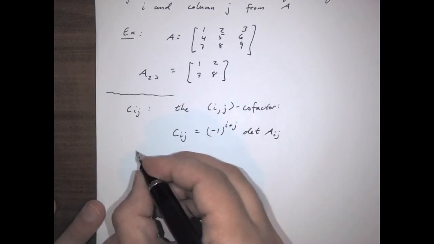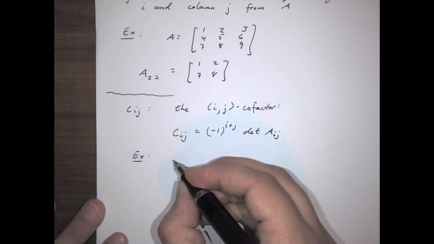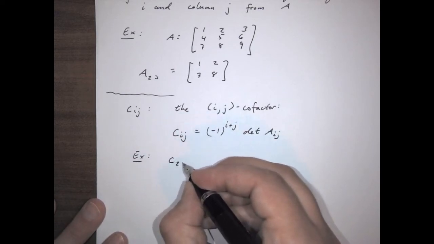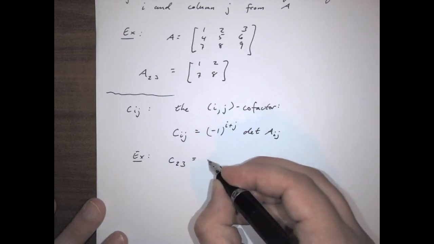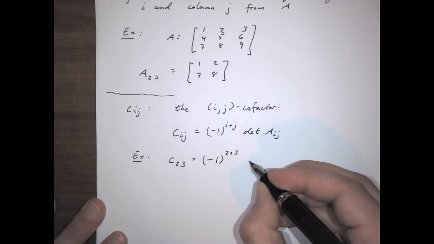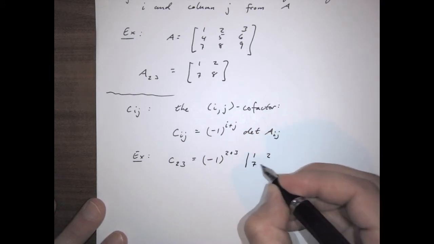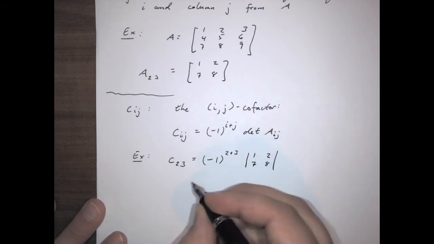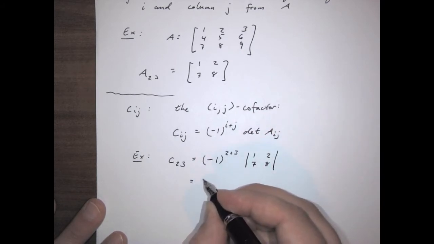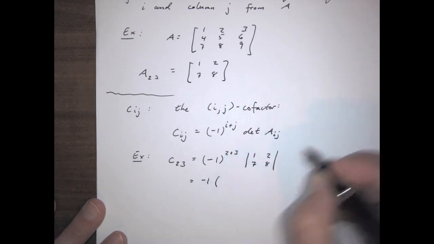So, again, for example, with the above A, C_2,3 would be (-1) to the 2 plus 3 times the determinant of the matrix 1, 2, 7, 8. So in other words, it's going to be (-1) to the 5th, so it's going to be -1 times, and then 1 times 8 minus 7 times 2.